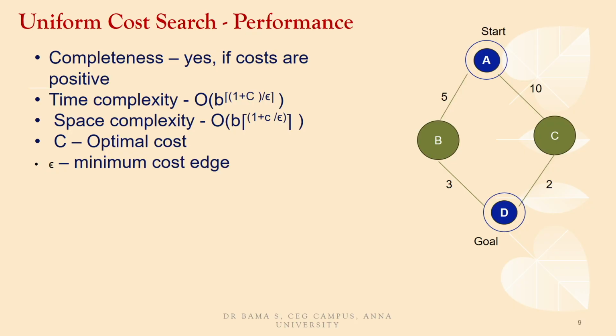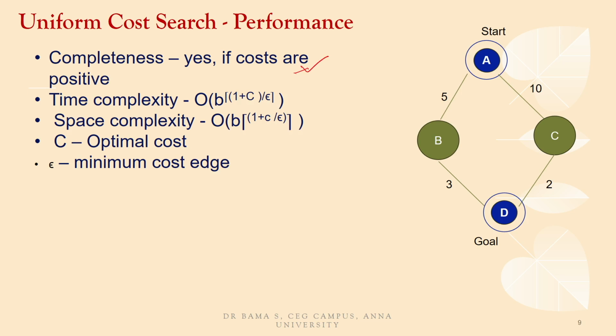Now, how is this different from BFS? Before we move on to the other search, we will see the performance of the uniform cost search. Here we could see that it is complete. The reason is, it is very similar to BFS, and why it is similar I will talk about in a minute. It is complete because if there is a goal, definitely there is a way to reach it.